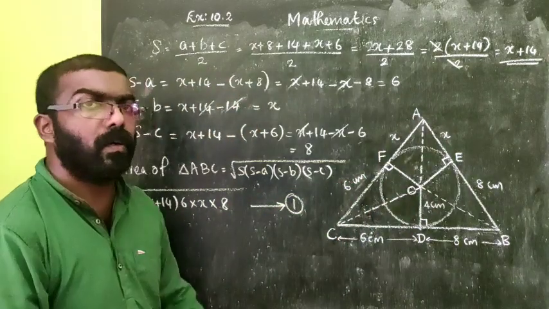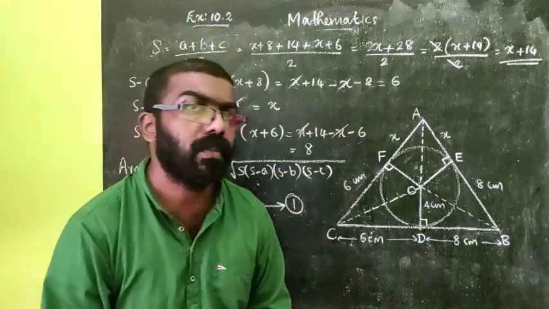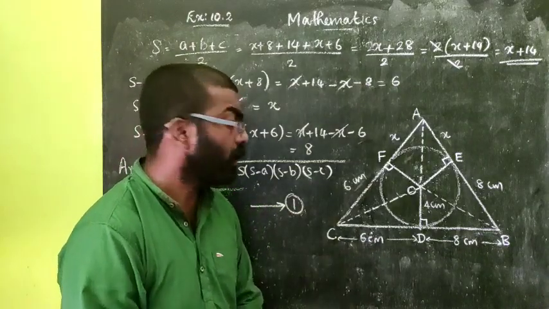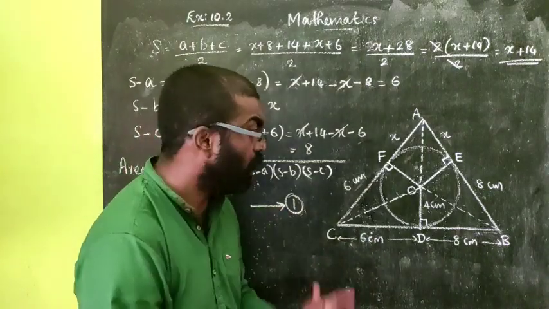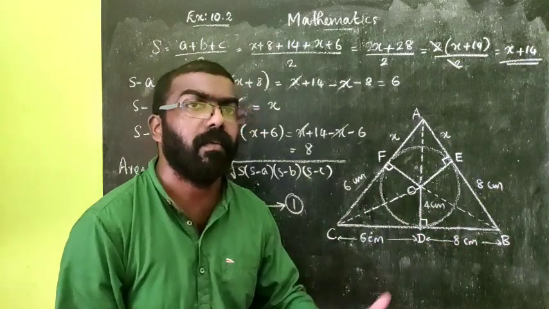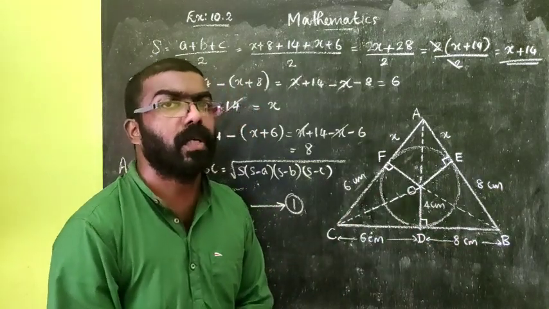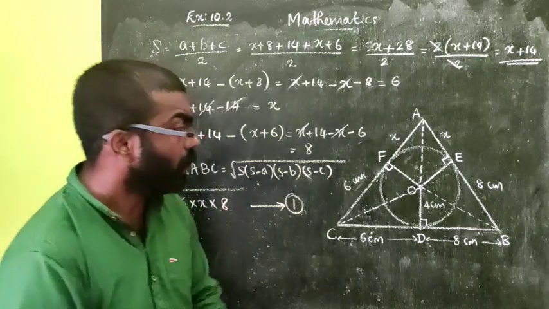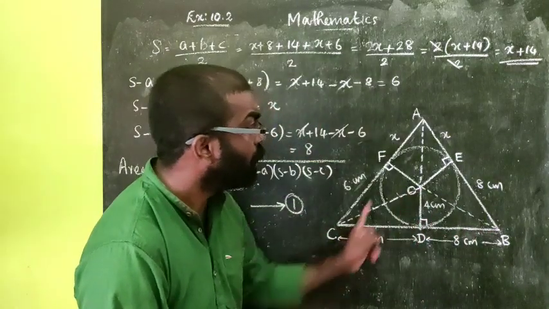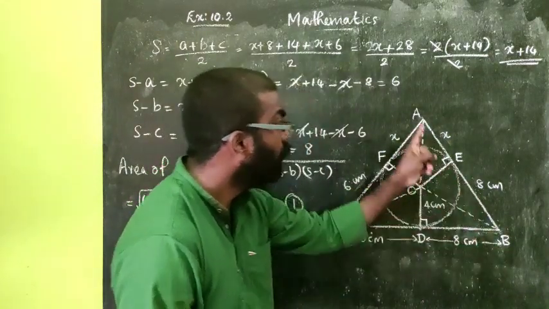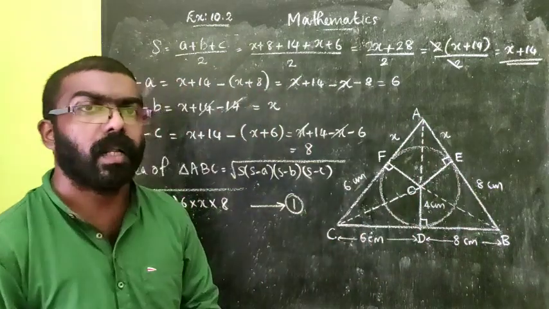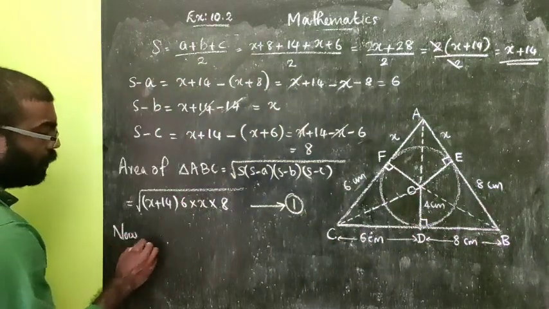So we can find the area of triangle ABC in another way. First of all, we have to find the area of these 3 triangles, and we add the areas to get the area of triangle ABC: BOC, AOB, AOC.